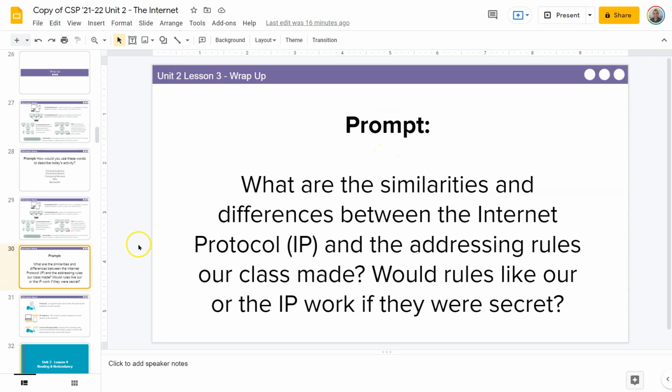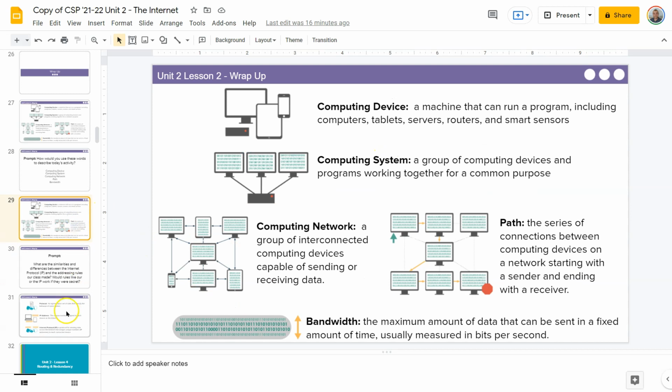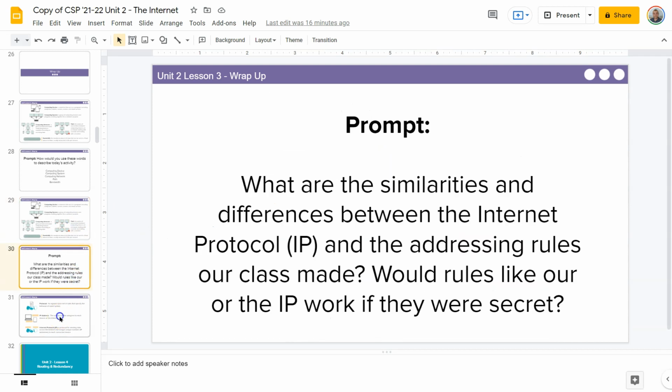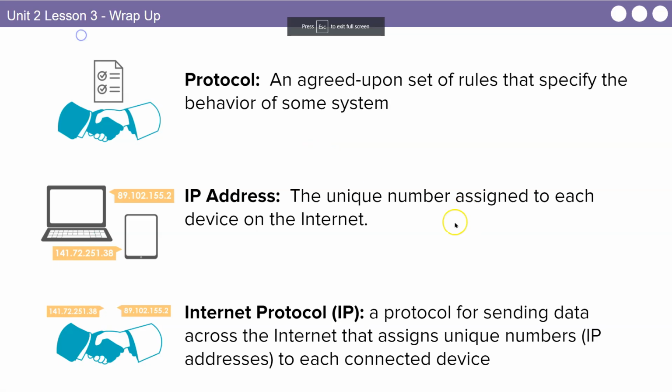All right, so what they have here. Now, this prompt we've discussed, I want to take a look at this. Protocol: an agreed upon set of rules that specify the behavior of some system. IP address: a unique number assigned to each device. And so the IP address is that unique number. Now, the protocol, Internet Protocol, is a protocol for sending data across the internet that assigns unique numbers to each connected device.